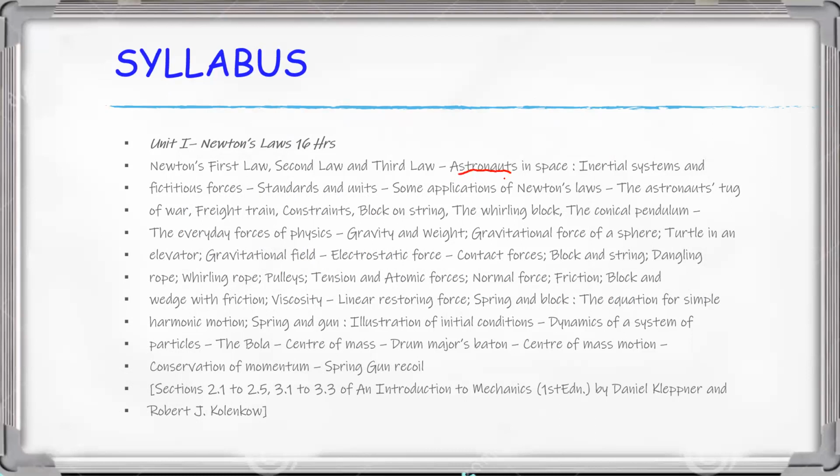Just look at here. An astronaut in space. It is a physical situation. Then we have to discuss the importance of Newtonian mechanics in that case, and the astronaut's tug of war. Another example, freight train.